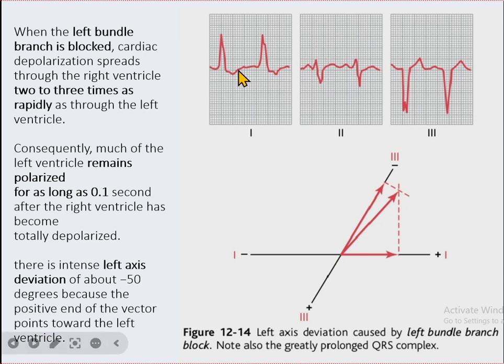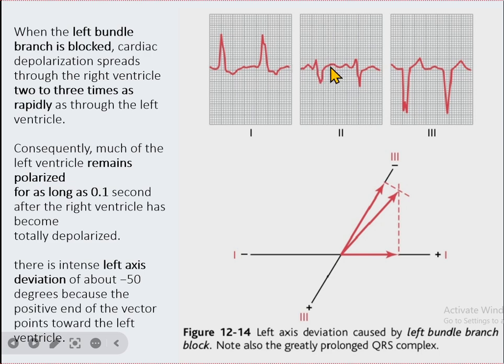For lead 1, it will not show a great effect. Why? This left axis deviation favors lead 1 because lead 1 moves from the right hand to the left hand. Actually, it will have highly peaked QRS complexes. Maybe there will also be compromise in the T waves.